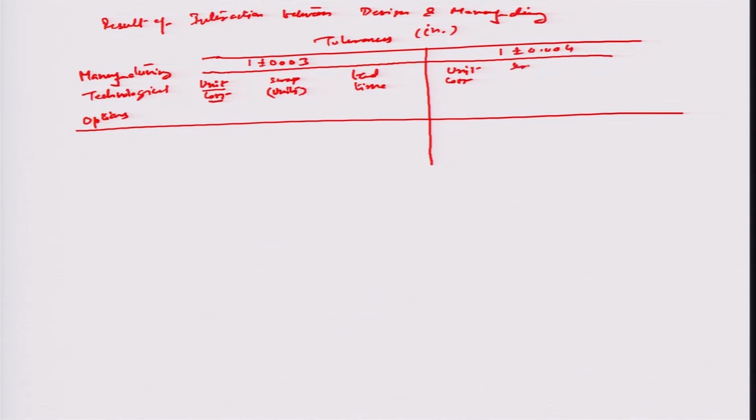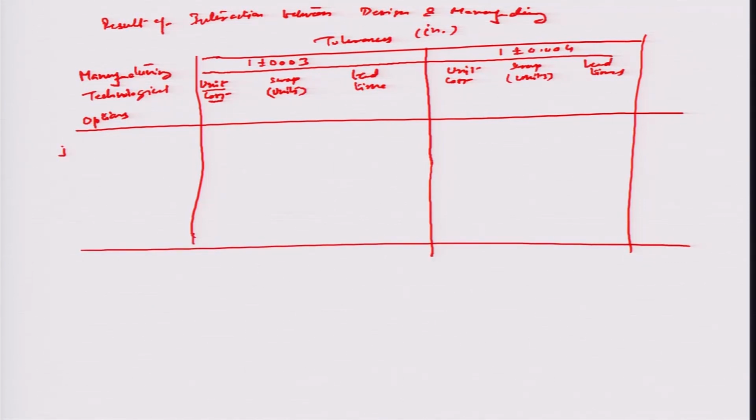Similarly, for the other set of specifications: scrap units, unit cost, and lead time. Okay. So, all these possibilities are integrated together for the different options which are there. You have the turret lathe as j equal to 1 option, the engine lathe corresponding to j equal to 2, and the automatic screw cutting machine corresponding to j equal to 3.